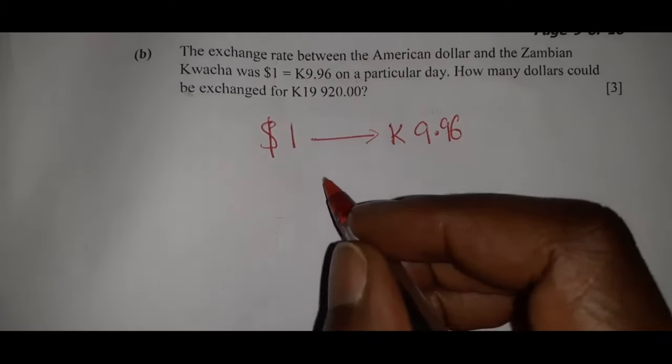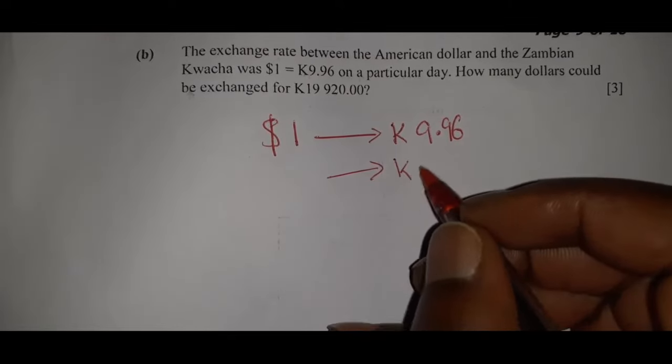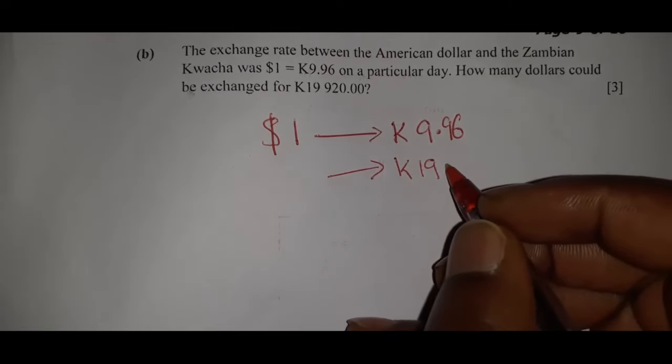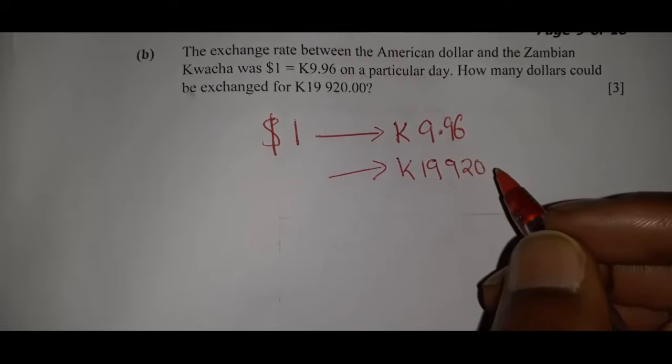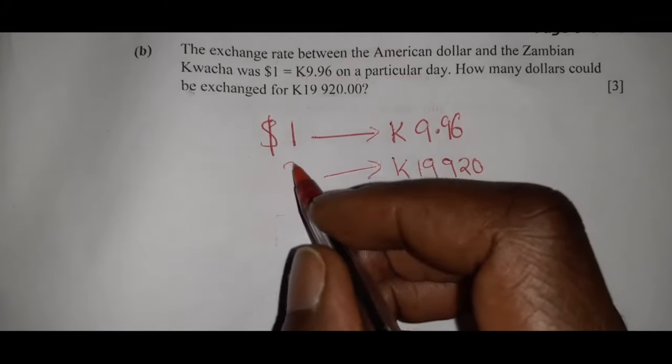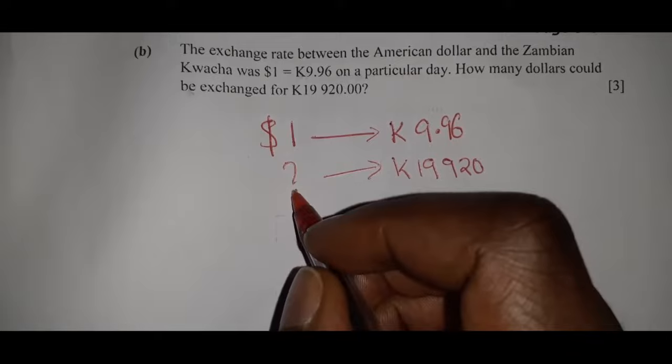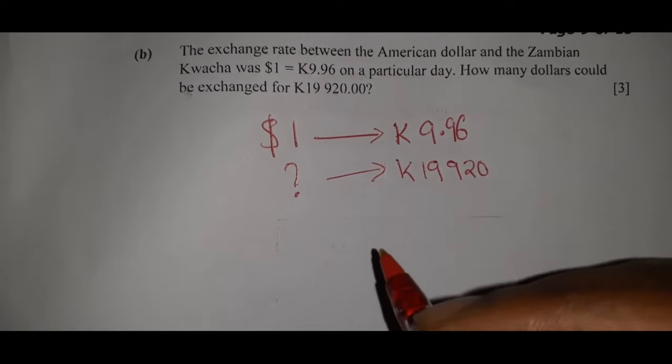Then if here we have 19,920 kwacha, how much is this going to be in dollars? That's what it means.